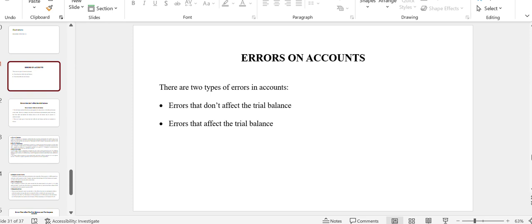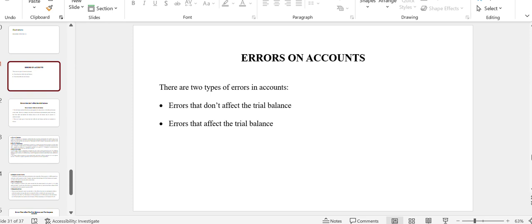So what should be done when the trial balance balances, meaning you can proceed and prepare financial statements, but still there are errors committed in the ledger accounts? The errors must be in the ledger accounts. What can you do as an accountant? We call these errors that do not affect the trial balance.